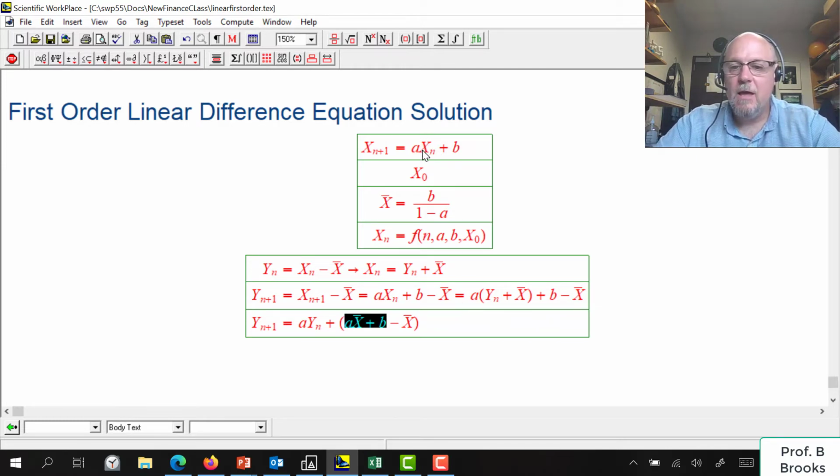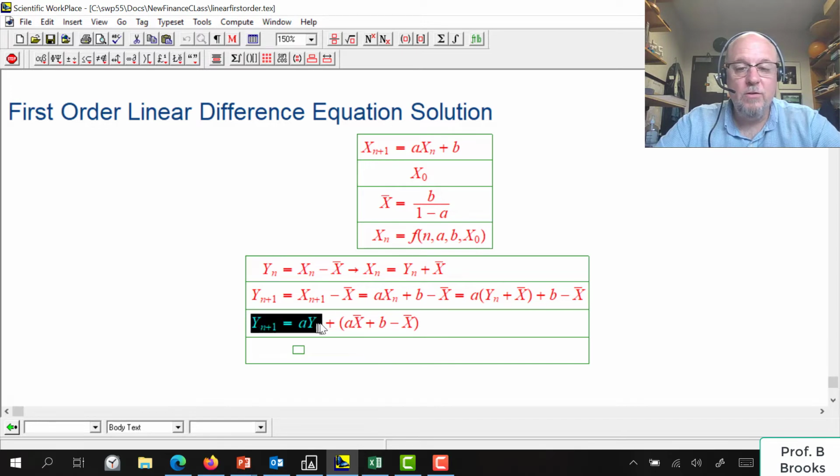We set x sub n equal to the equilibrium, x sub n plus 1 equal to the equilibrium, and solve for this. So this whole bracket, in other words, is 0. If I don't see that, then you could actually sub in b over 1 minus a for x bar and simplify this bracket, and 0 will result. Long story short, when I do that coordinate shift, this is what I get.